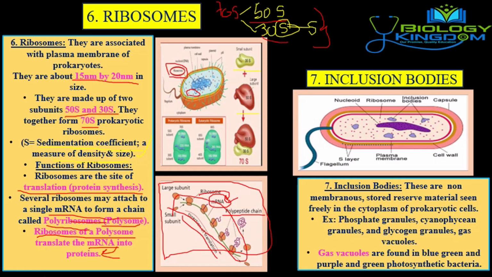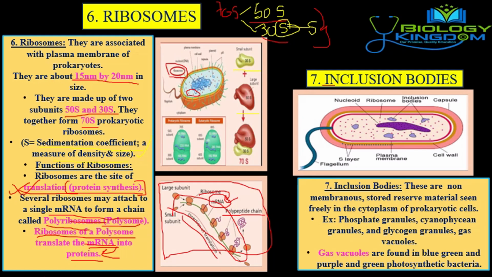So this conversion of mRNA into proteins is known as translation. That's why I have given in the brackets protein synthesis. Synthesis of protein from mRNA is nothing but translation.